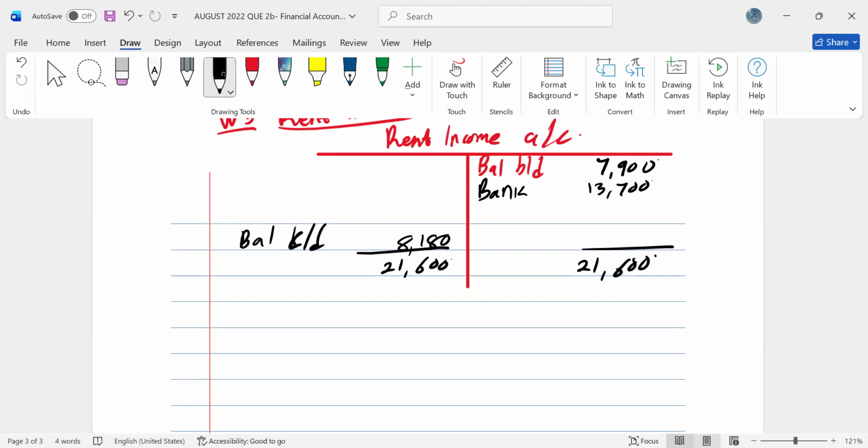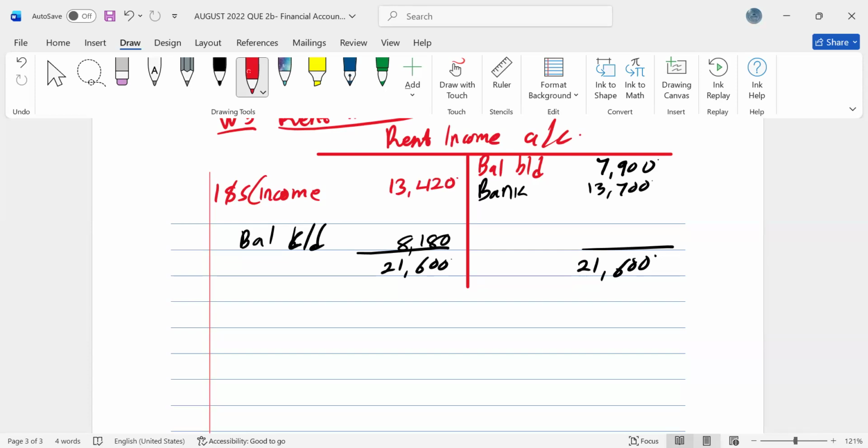We are simply trying to look for the figure that was received in that particular year. So whatever we get here is what we'll take in the income statement as our rent income. So we can just write that it is going to go in the income statement as an income. Is it 13,420? 13,420. Okay.